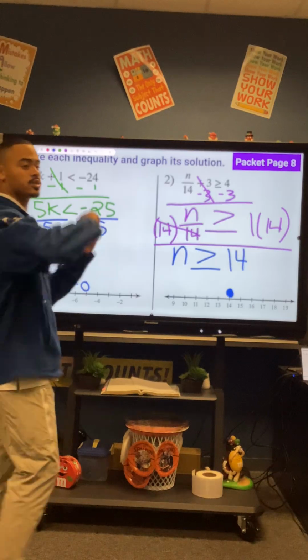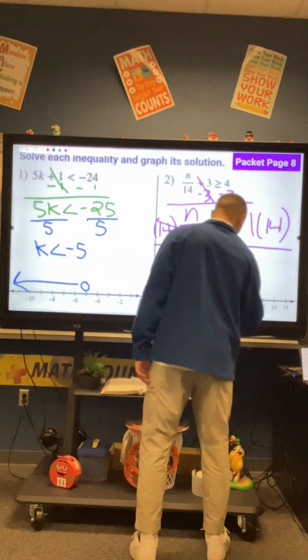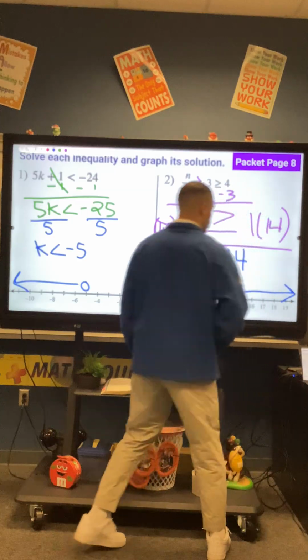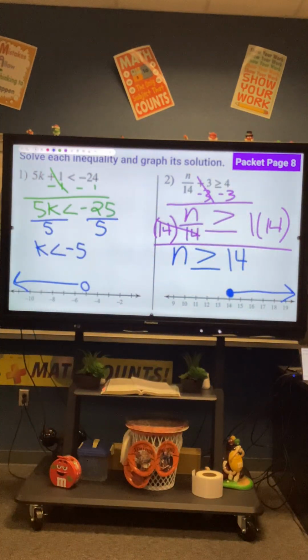And since n is greater than or equal to 14, I'll draw my line going to the right. Make sense to everybody? You good? That's all I need to try. I got these covered. Easy.